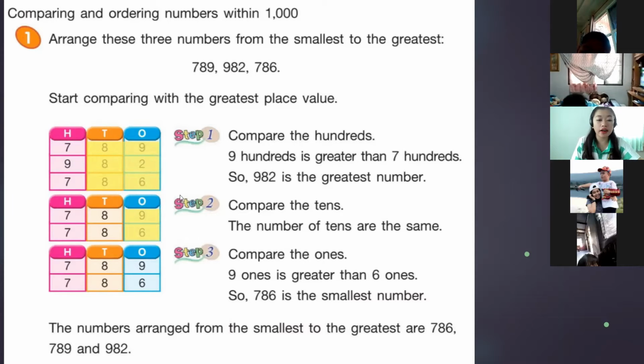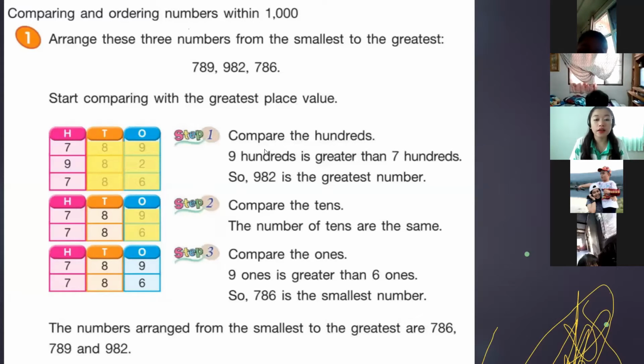Here are the steps of what we are going to do in arranging the numbers. Step 1: compare the hundreds. We have here the hundreds, 7, 9, and 7. So 900s is greater than 700s.